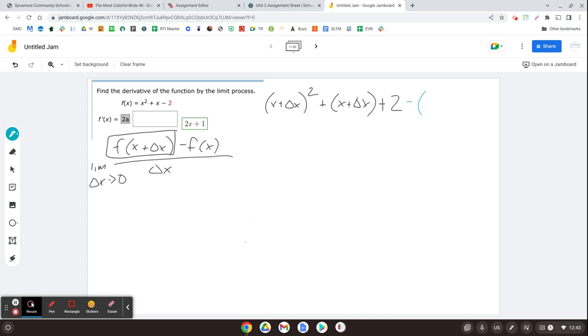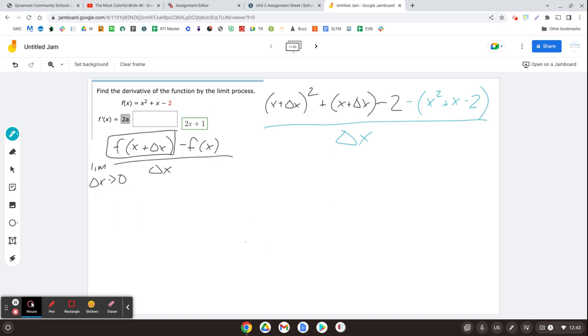It should be a minus 2. Thank you. Okay? All right. Minus, and then f of x is just x squared plus x minus 2. Very common mistake. People forget the parentheses there, and they only subtract the x squared. All over delta x. I know we're taking the limit as delta x approaches 0. I'll put that limit in once we get rid of the delta x from the bottom.